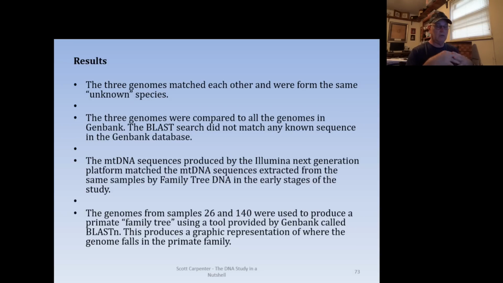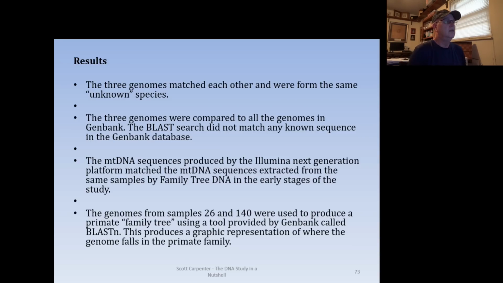It's a way of double checking the work. One lab, Family Tree, did it using primers and a different process, and then the Illumina process, which was the machine process, and they basically have the same results, and so they verified each other.